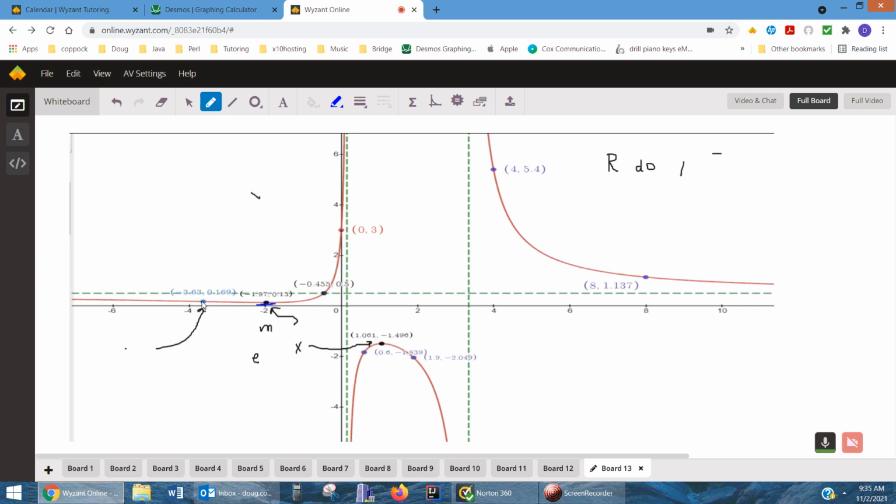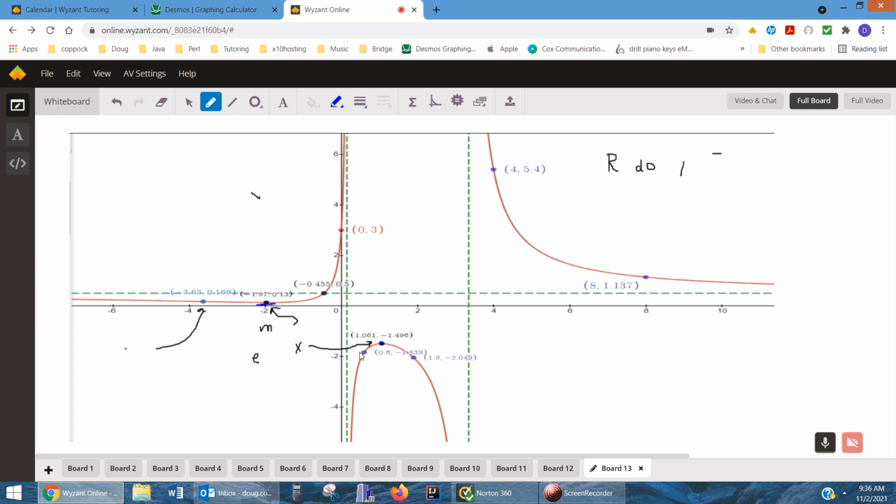And here's the point of inflection. That's where the concavity changes. So you can't really tell that it's concave downward until we reach that point, and then it turns to concave upward. Here is the relative maximum, and the curve goes through that relative maximum.